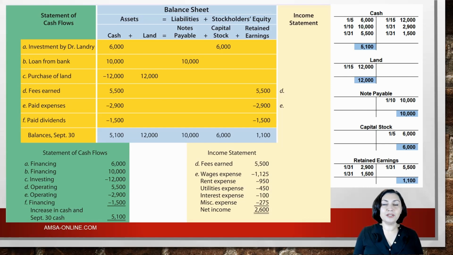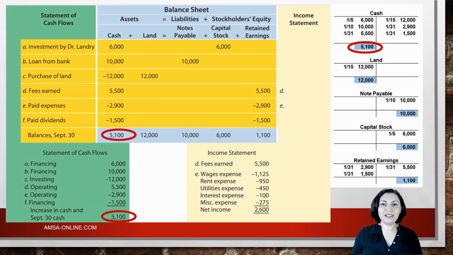The balance in the retained earnings account is $1,100. We have multiple transactions that involve retained earnings. Because revenues exceeded expenses and dividends, the balance is shown on the right or credit side. Retained earnings is an owner's equity account and is increased by credit.